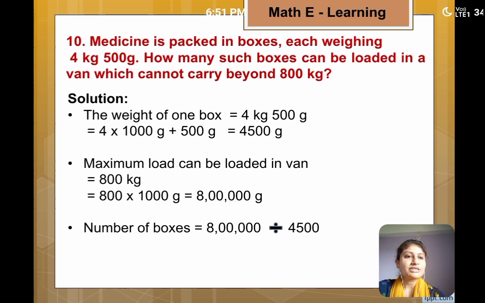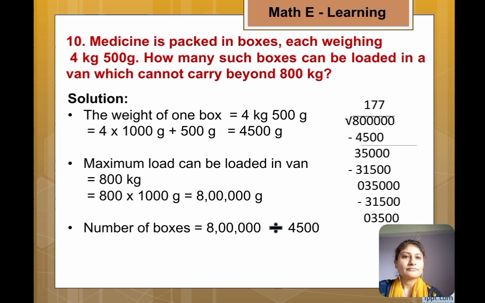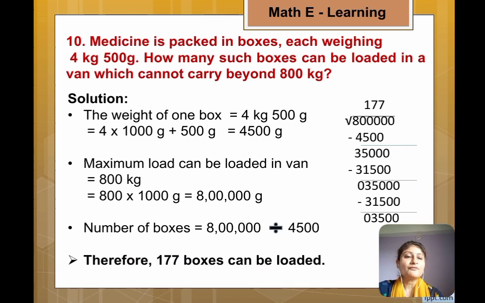By doing division, we get 177 as the answer. Therefore, we can say that 177 boxes can be loaded.